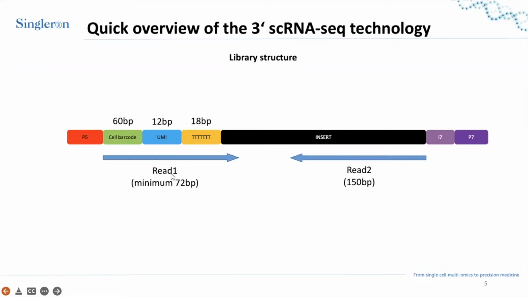Sometimes the length of read1 can go as high as 150 base pairs to capture more sequences. So here is a schematic view of the components or structures of read1 versus read2 after we obtained the information from the sequencing companies.